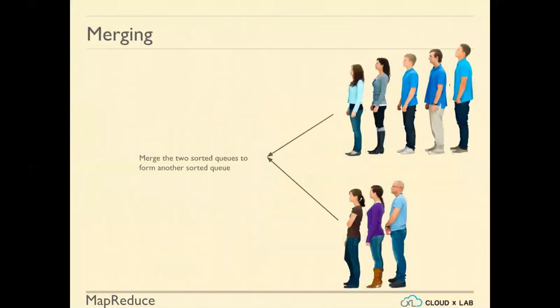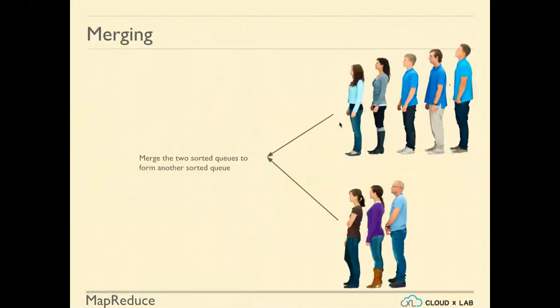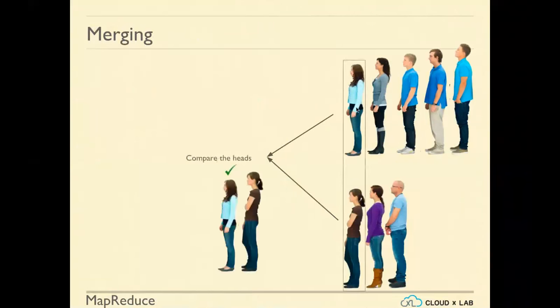So imagine that we have two queues, and both of them are sorted. This is coming from sorting one partition. This is coming from sorting another partition. So we can easily merge them. How? We can just compare the head of every queue and pick the one which is smaller.